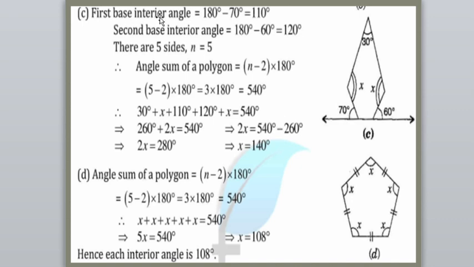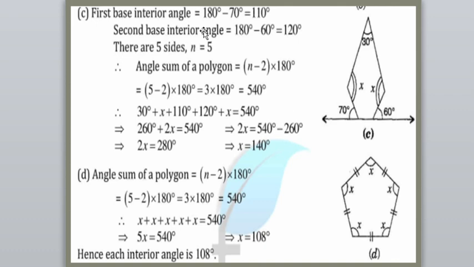So here, first base interior angle. First base means this is taken as a base. For the first base interior angle, we can say they are in a linear pair. This angle and this angle are in a linear pair. So by using the linear pair formula, 180 degree minus 70 degree equals 110 degree. So for the first base interior angle, we got 110 degree.